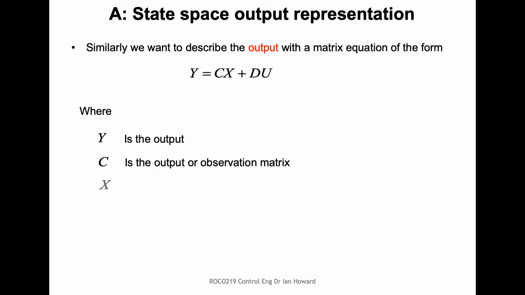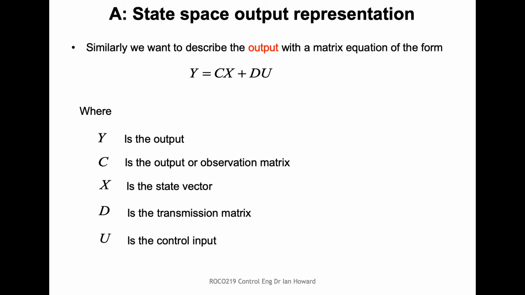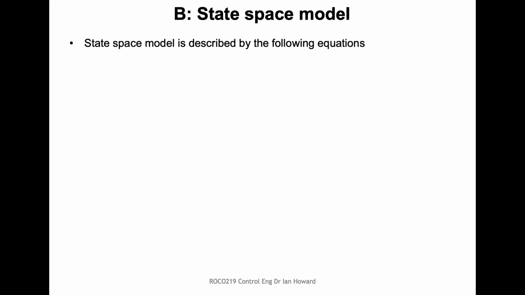Although there can also be a direct contribution from the input. x then is the state vector again, which is a column vector. And D is the transmission matrix, so it's telling us how we can directly affect the output using the control input. And u is the control input. So that explains all the bits in the equations.